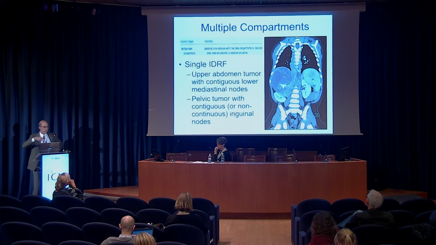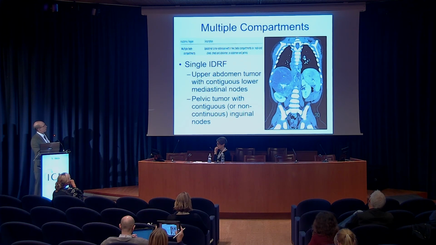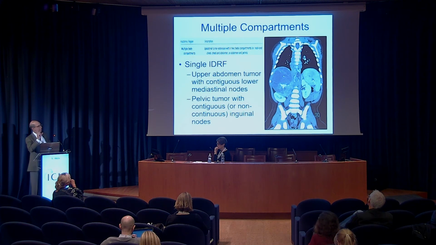Now, what about tumors that reside in multiple compartments? Well, this is a little bit confusing, but according to the rules that have been set out for image-defined risk factors, tumors that are in multiple body compartments that are contiguous represent a single IDRF. So what we see here is this thoracoabdominal tumor that is considered one image-defined risk factor.